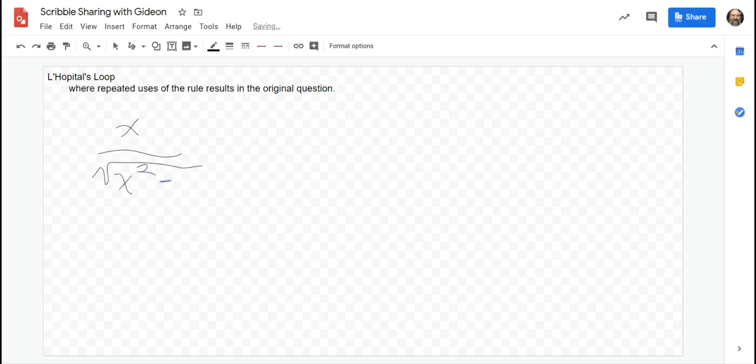X squared. Yeah, I think that's it. And of course, we have to have a limit. L'Hopital only applies to limits, right? And sorry, it's x goes to infinity.